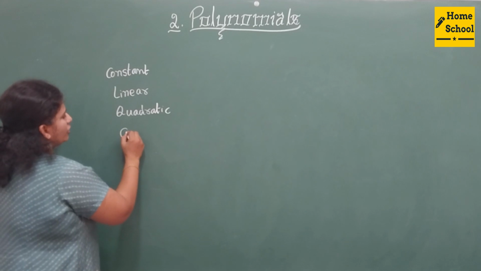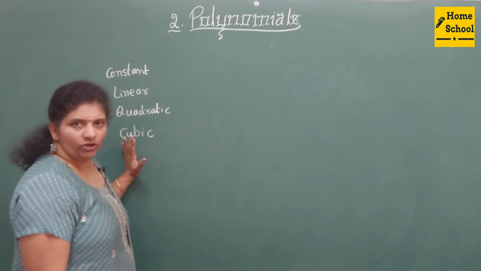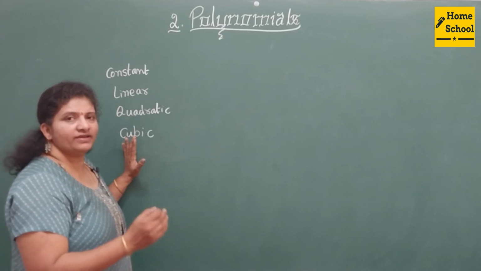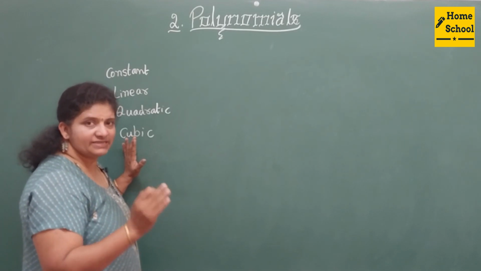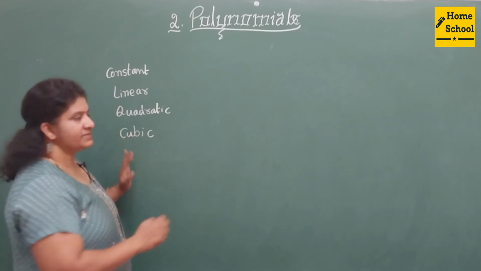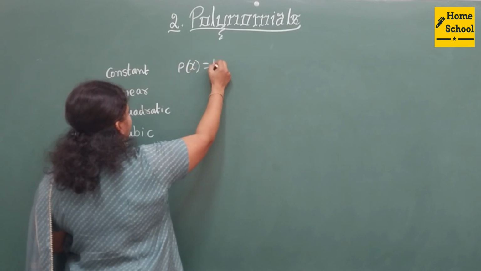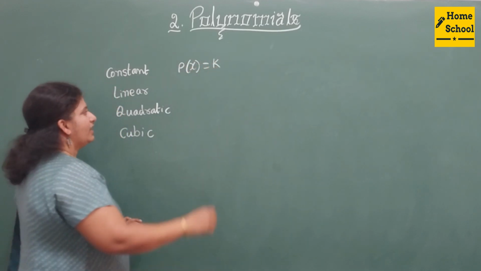and next cubic polynomial. Constant polynomial, the polynomial having its degree 0, is called a constant polynomial. We can write this as p(x) = k, a constant.